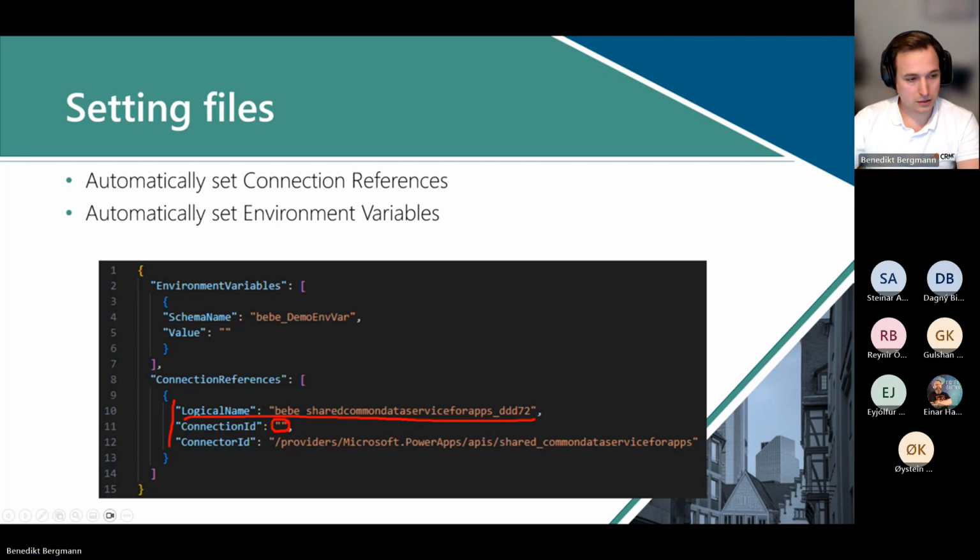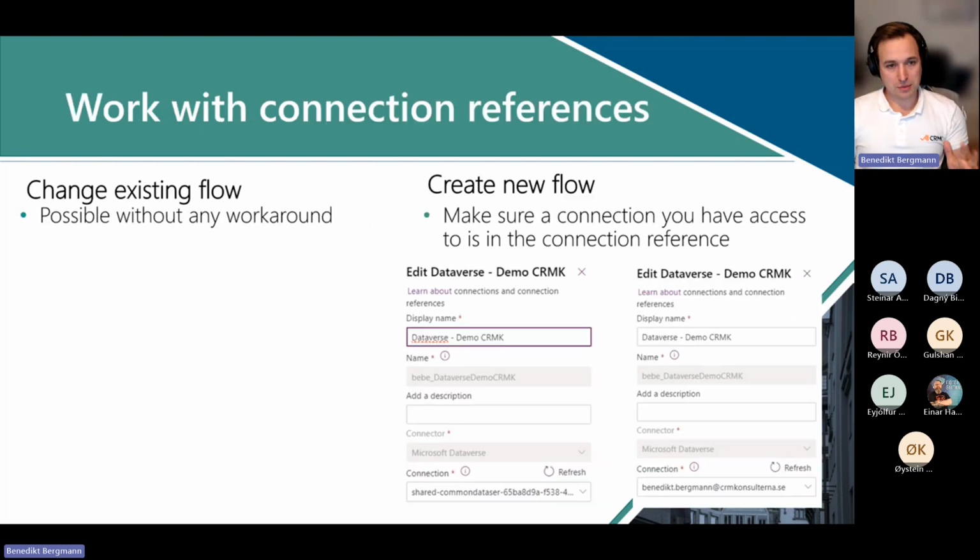And then in general, how we want to work with connection references, and that's maybe the most important slide of this session. There are usually some problems that connection references get created randomly, and it feels like there is no rule to it, but there is.